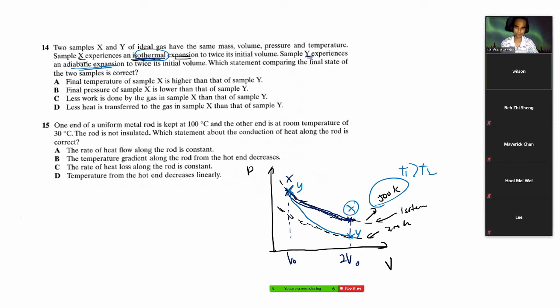Then how do I know that the temperature of sample Y will drop? The temperature will drop because the volume has increased. It's not a formula, it's logical.